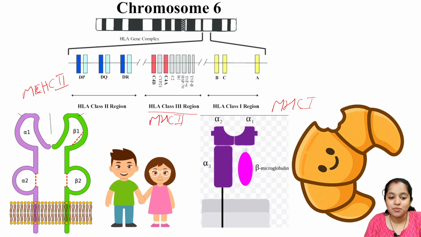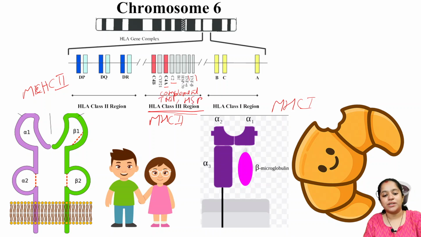MHC3 molecule, MHC3 protein doesn't exist. So this HLA class 3 region is doing what? It is coding for proteins like your complement proteins, your tumor necrosis factor alpha and beta, and your heat shock protein. Understood? Like your accessory proteins.